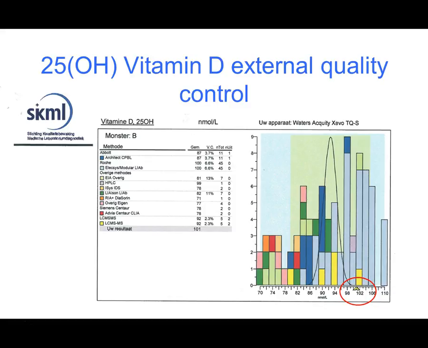And also the Roche analysis way, which is automated, fully automated in a clinical laboratory, there's a huge range in all the results. And actually there should be no range at all. So this means this graph shows that there's huge variation, and this is difficult because there is cutoff values to represent an optimal vitamin D status.